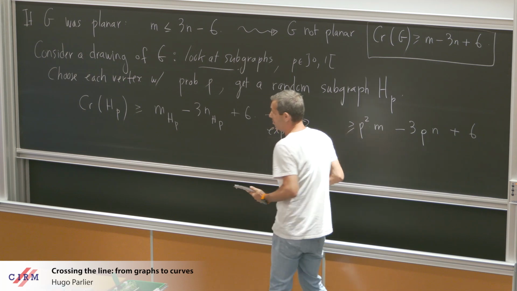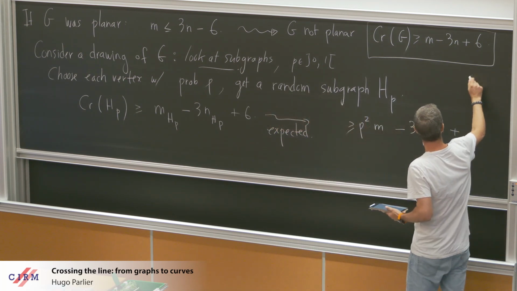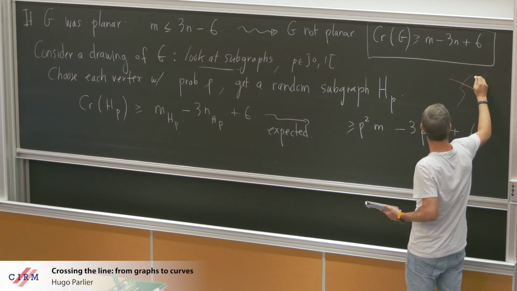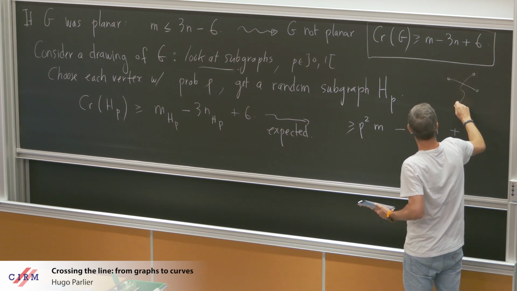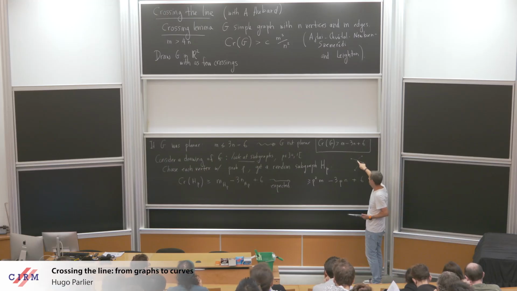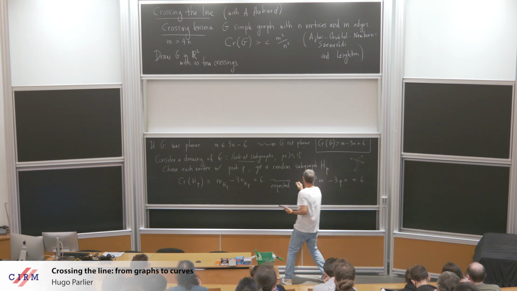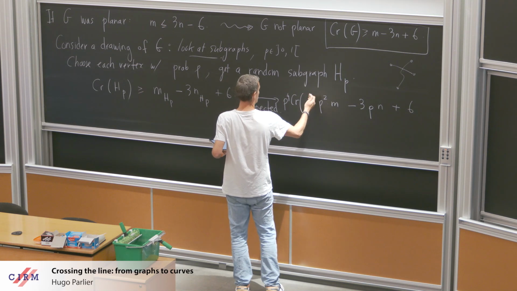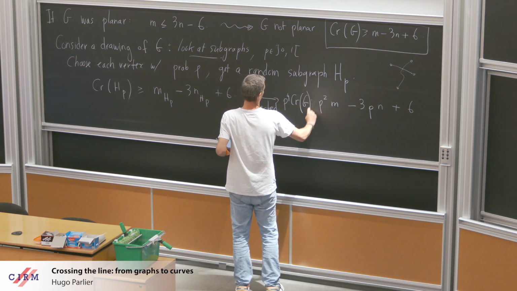And then the crossing number, if you think about this, so you're seeing a crossing number. So it's a simple graph, right? So if you look at the crossing here, this is your crossing number. There were vertices associated to this. The crossing number appears with probability, I mean, this becomes p to the 4. So this becomes p to the 4 times the crossing number of my original graph, G. Okay.